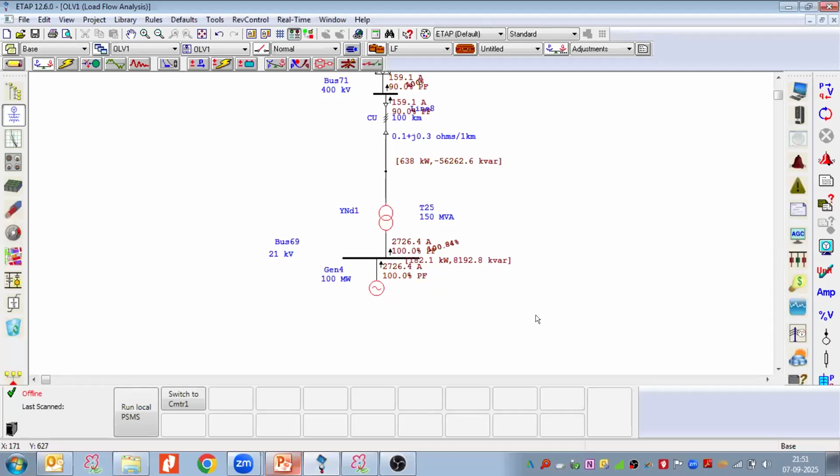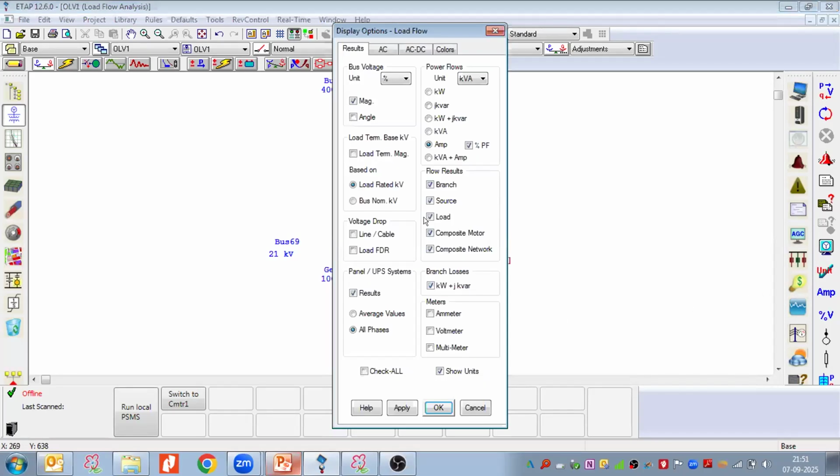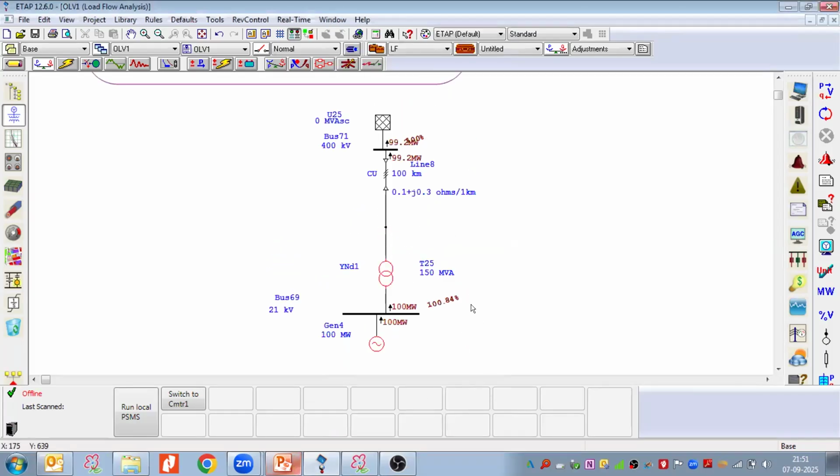Okay, as of now, let us take this result in MVA. Let us see what is happening. Here is my transmission line, and here we have the generator.